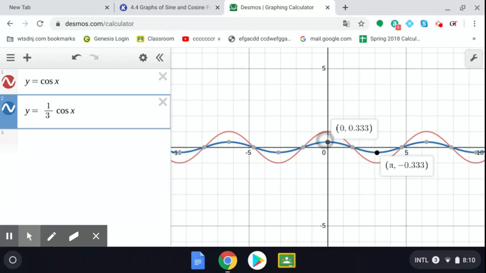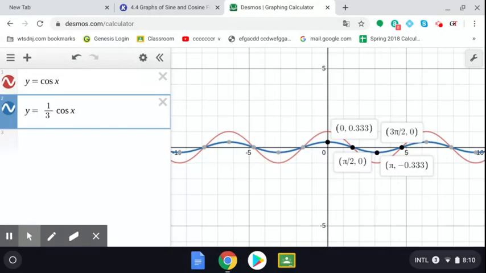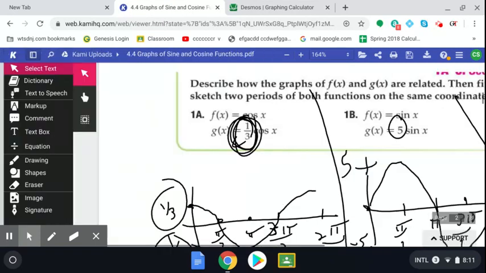So at 0, 1/3; pi over 2, 0; this one here is pi, negative 1/3; and then 3 pi over 2 is going to be 0; and then 2 pi is going to be positive 1/3. So you can try to enter those on Desmos and see what happens. So you get both functions graphed. Okay? So that's the amplitude.